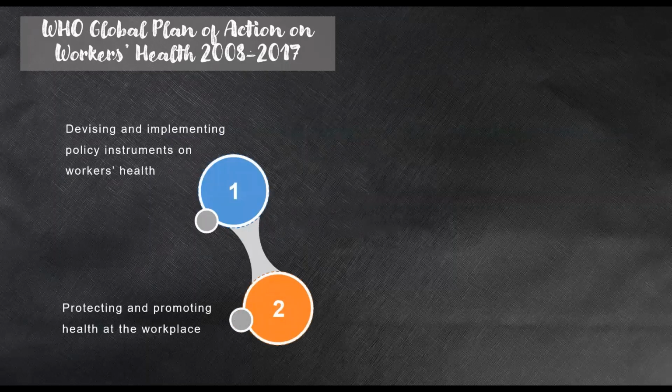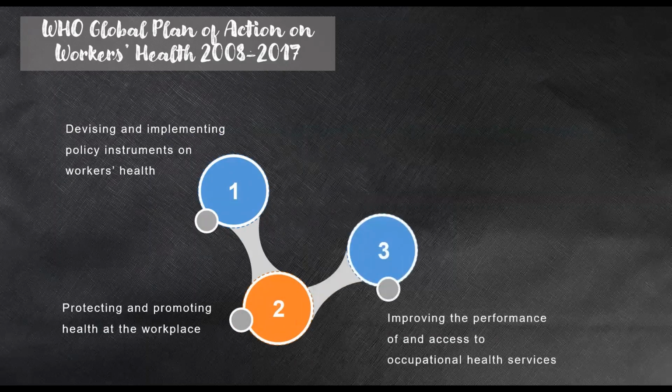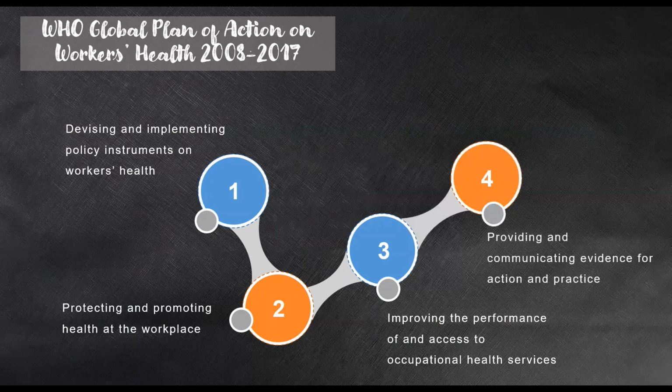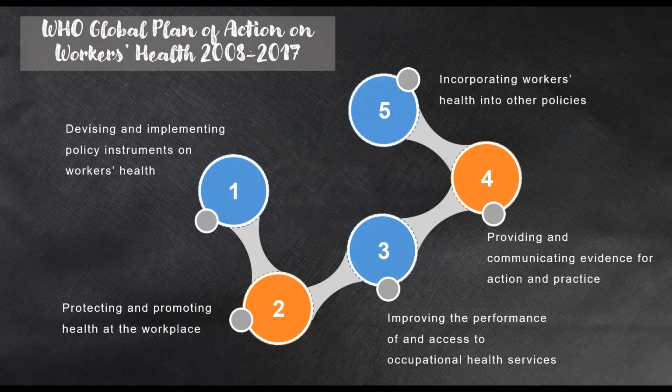Another objective is to protect and promote health at the workplace. Third is to improve the performance of and access to occupational health services, to provide and communicate evidence for action and practice, and to incorporate workers' health into other policies.